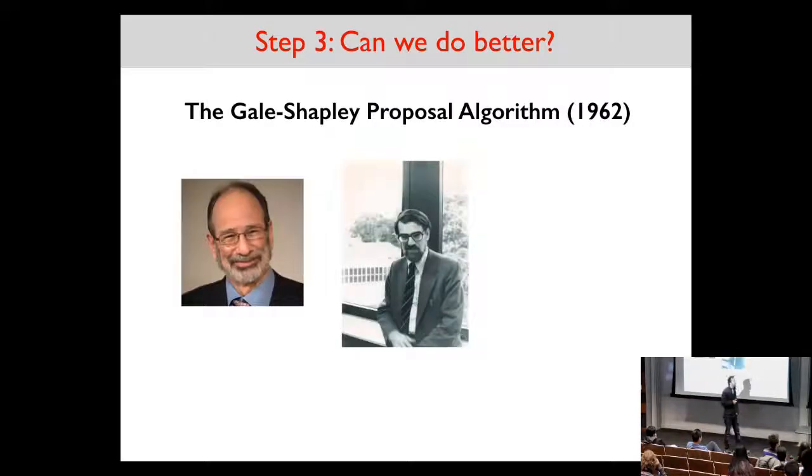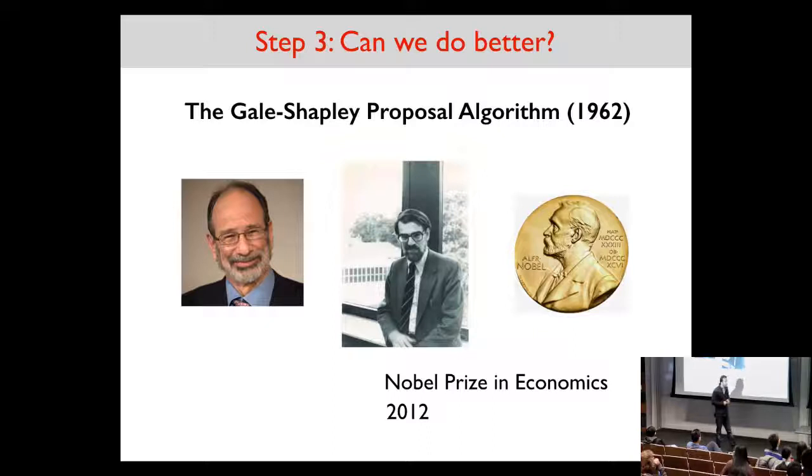And we're going to see an algorithm called the Gale-Shapley proposal algorithm. This is from 1962, actually. On the left, we have Gale. On the right, we have Shapley. And in fact, in 2012, Shapley won the Nobel Prize in economics, mostly for this algorithm and some other work.